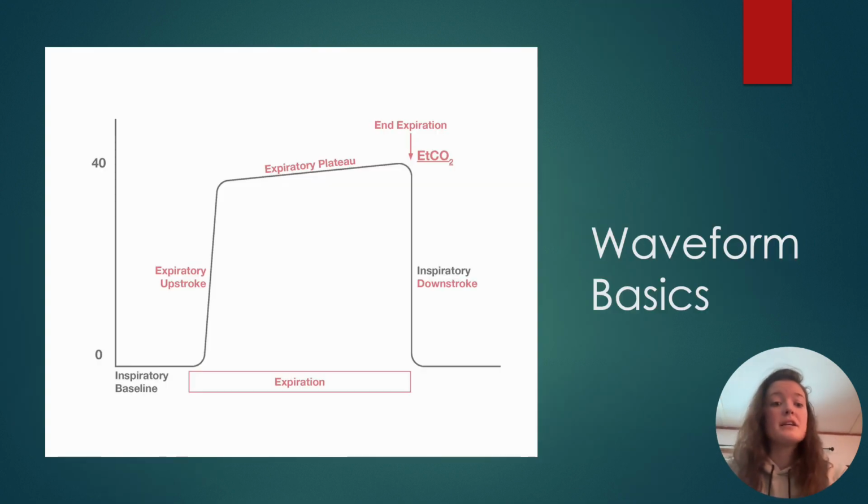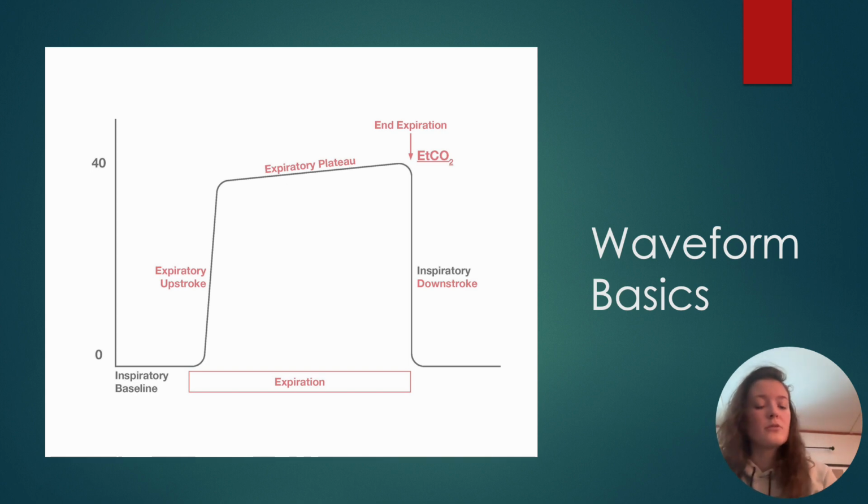So here we have the basic waveform. We'll start at the bottom with your inspiratory baseline. Let me change that color here somewhere we can see. We have the inspiratory baseline here, where obviously our inspired CO2 is 0. And then when you start to exhale is right here, and that is called your expiratory upstroke.